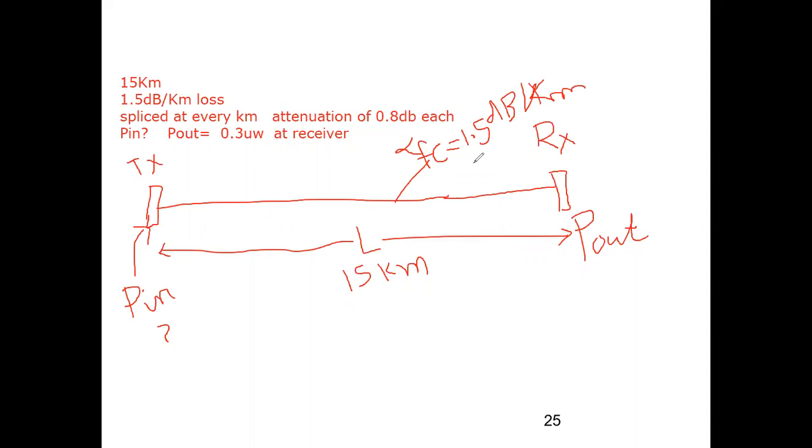So since my length increases, the cable loss also increases. Yes, I hope you agree with that. Okay, so this is the fiber cable loss, which is 1.5 dB per kilometer. And my total length is 15 kilometer. So my total loss due to the fiber cable will be 1.5 into 15. And you will get the loss of the fiber cable in dB.